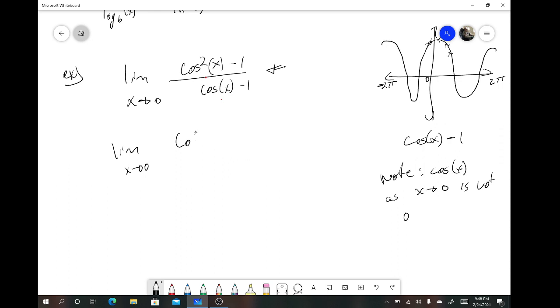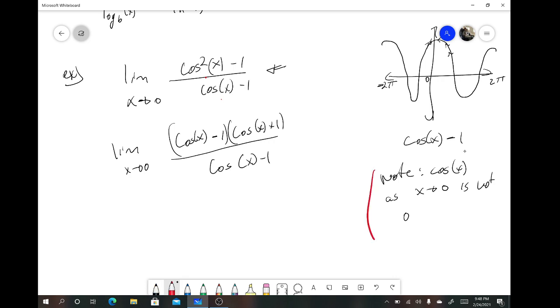So I could say cosine of x minus 1 times cosine of x plus 1. So I'm using the fact that I have the difference of two perfect squares in the numerator to rewrite it. And now, because of what I just wrote here, I'm allowed to cancel the cosine of x minus 1 from the denominator with the one in the numerator, because cosine of x is not 0 as we approach 0.